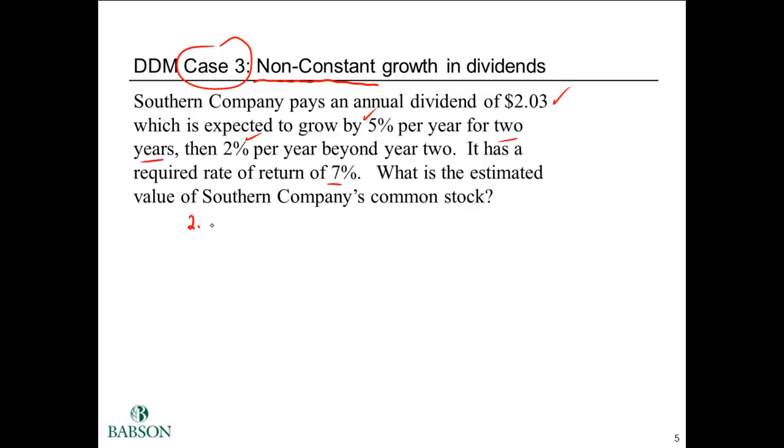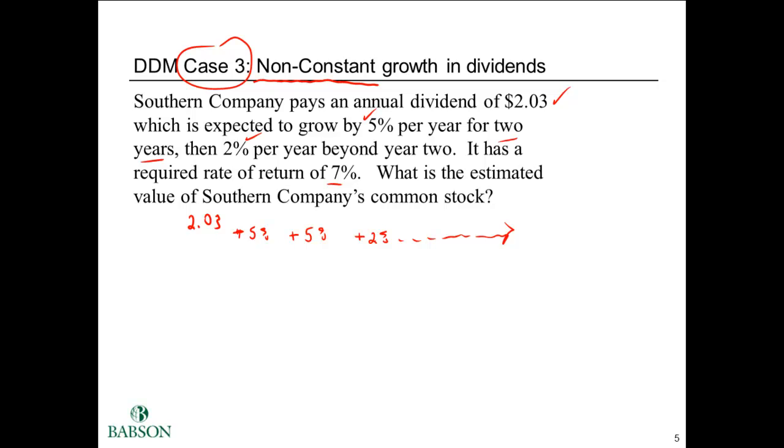We have a $2.03 dividend today, and that dividend is expected to grow by 5% for 2 years, and then 2% each year beyond. So in this case, we can't use purely either of the two methods. We have to figure out another way of solving this.